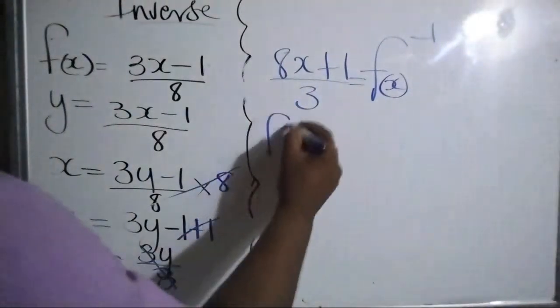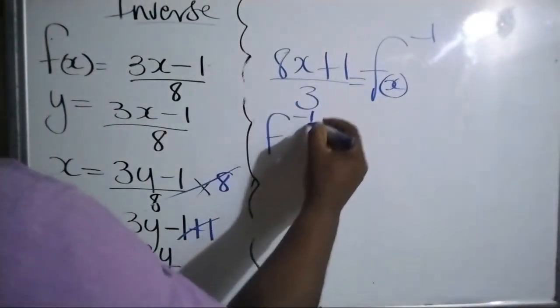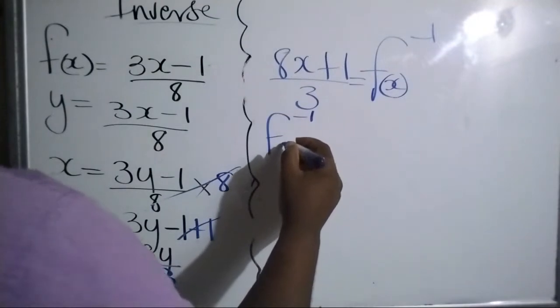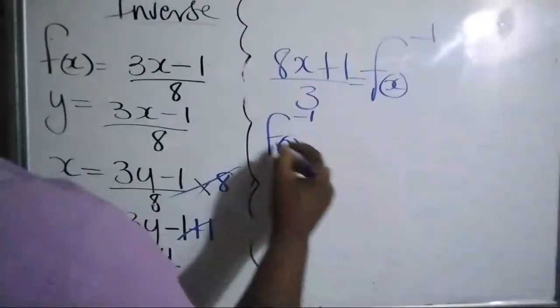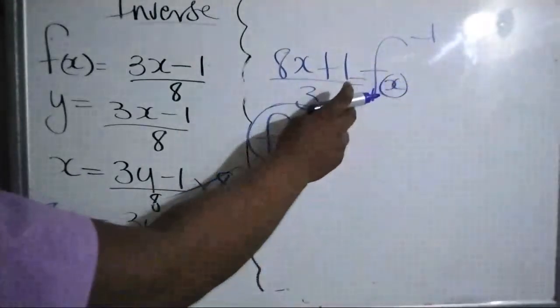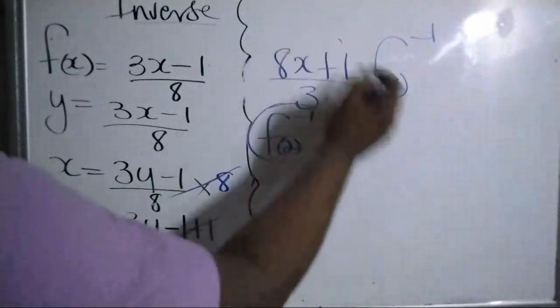One more thing before I go, guys. If they ask you for f inverse of 2, what would we do? Same as we find the inverse, we put 2 in now. So after we get the solution, we put 2.